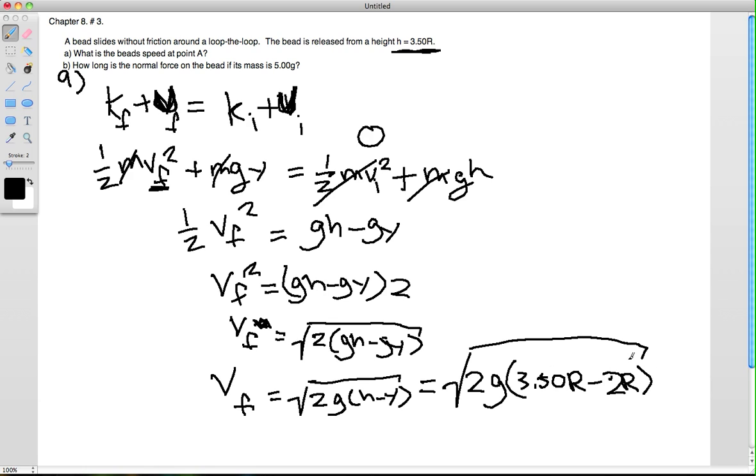And y is 2R because it is going around the whole circle, so from the bottom to the top is 2R. Now you can simplify this even more to the square root of 3gR. And that would be the answer for part A.